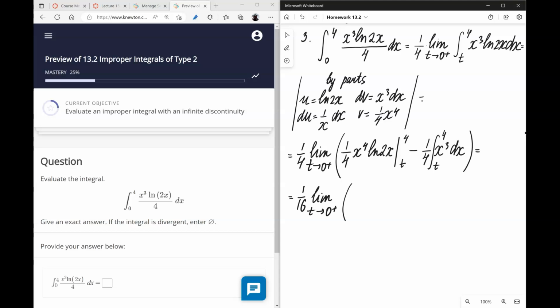So 4 to the power 4 ln of 8 minus t to the 4 ln of t, 2t, minus, so we have 1/4 x to the 4 from t to 4.